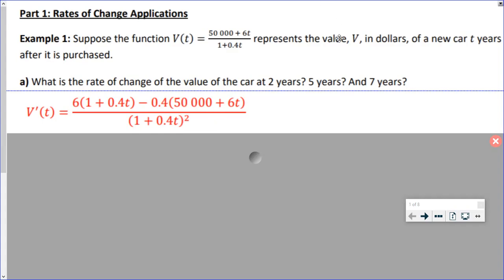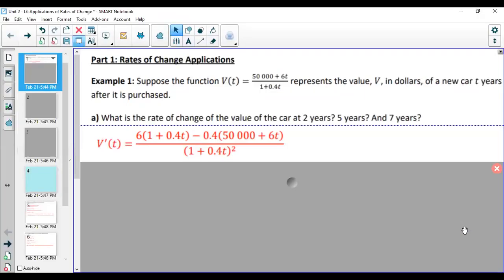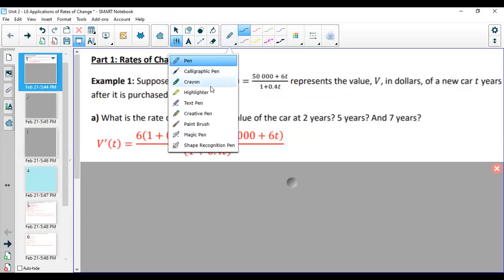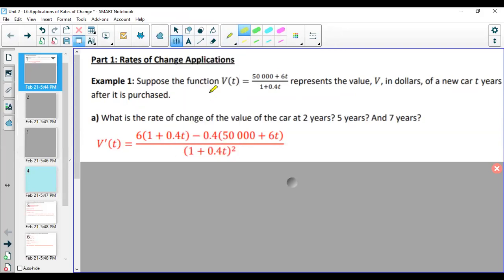So I'm just going to exit full screen mode for a second so I can get my highlighter out. There we go.